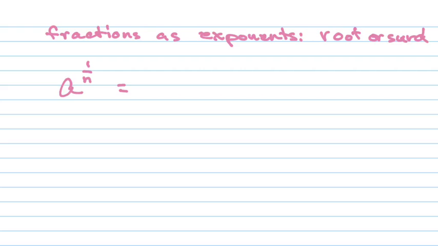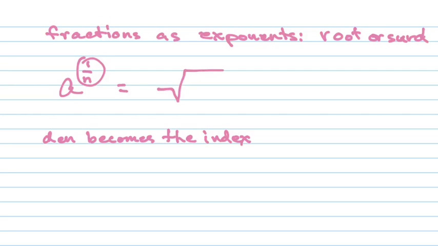Okay. All right. So the denominator becomes the index, and I know that that's going to be weird because you're used to thinking of it as an index as an exponent, but you have a root.